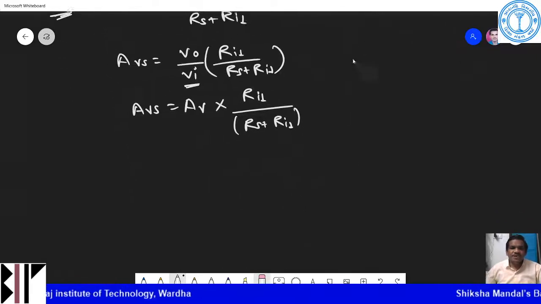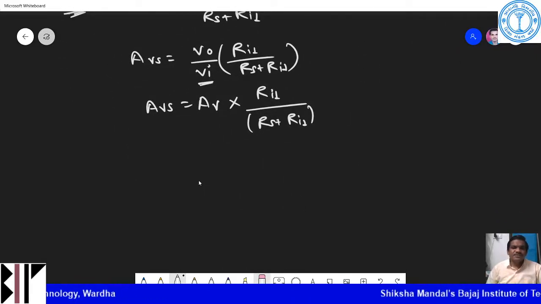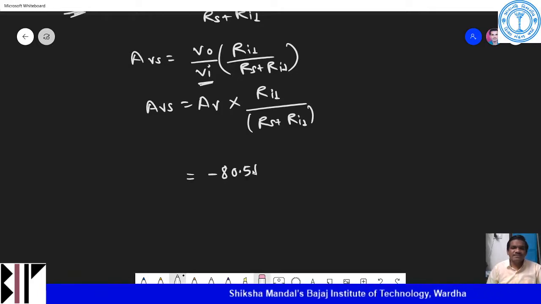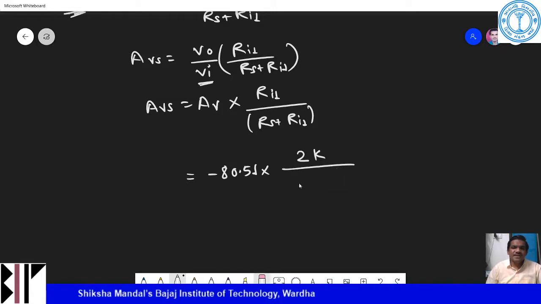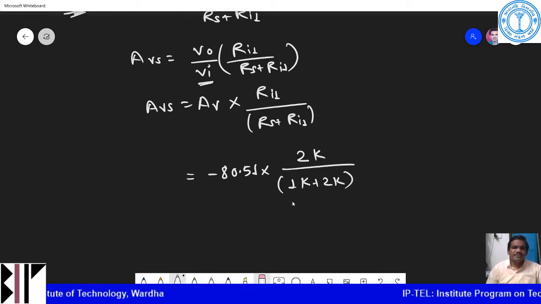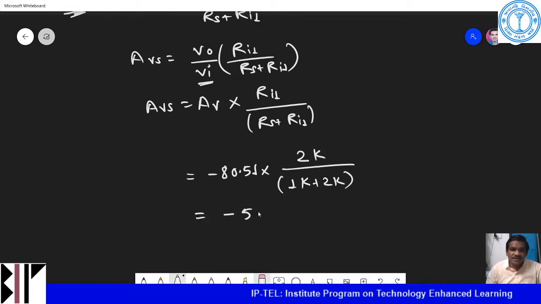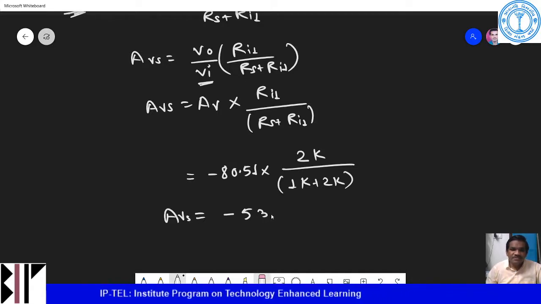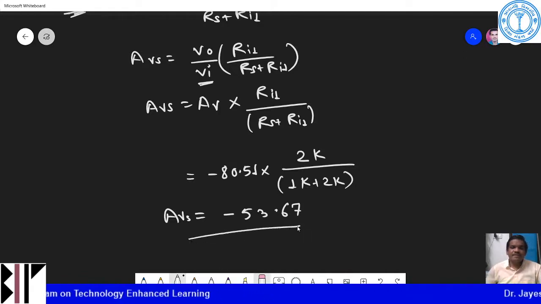Now you know all the values for this. So what is voltage gain? It is minus 80.51, that we just calculated, multiplied by Ri1, that is my 2k, divided by 1k plus 2k. If you calculate this, you'll get AVS as minus 53.67.